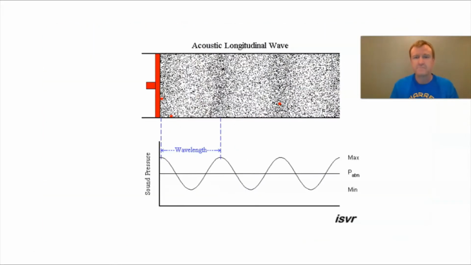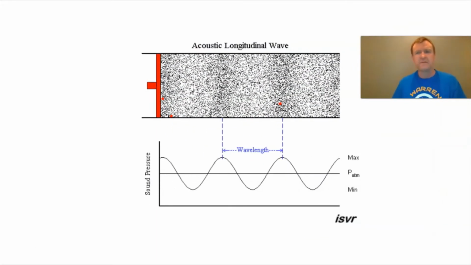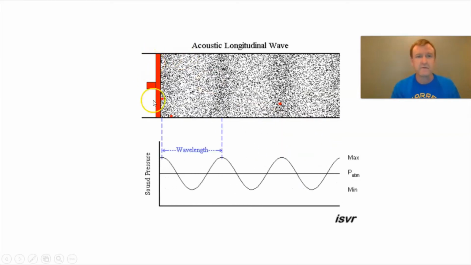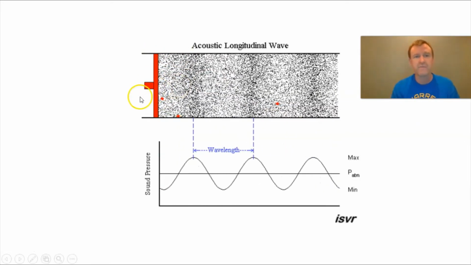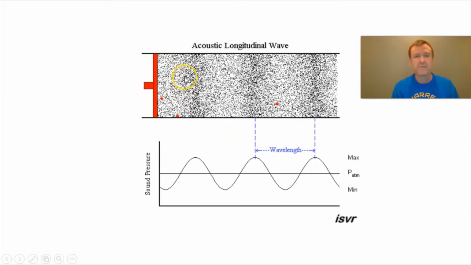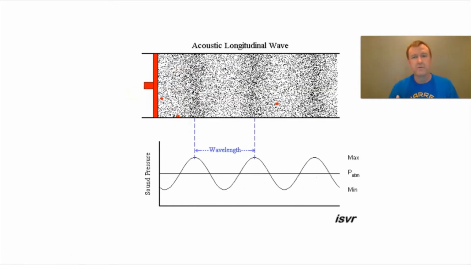That's it. So here's an image, and I'll put links to these images. I found them all on the internet. This is like a speaker. This red plunger is moving back and forth. It compresses the air molecules, making an area of high pressure, and then when it moves backwards, it's making an area of low pressure.